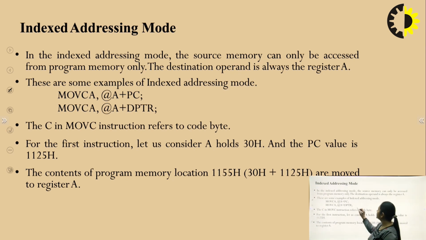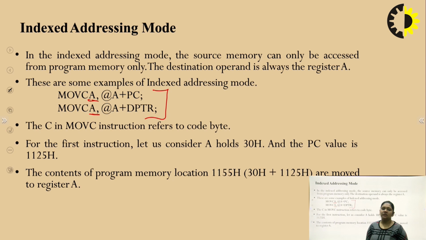So the source will be our indexed source, that is the source memory we can access from the program memory, and the destination is always the accumulator. If we look here, this A is the destination because this is source and this is destination.